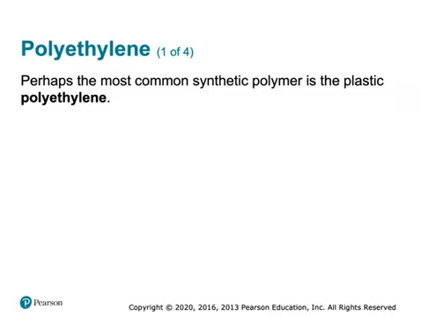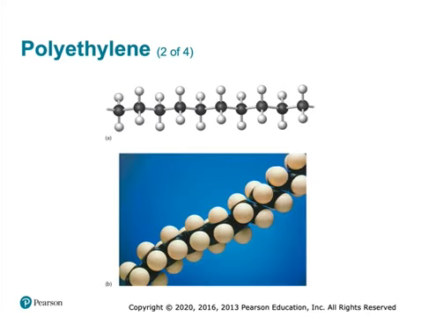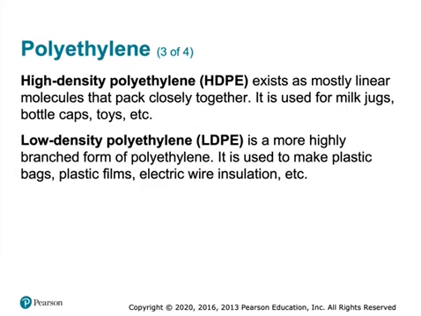So polyethylene, many ethylenes, and it is just a straight alkane. I didn't mention this in organic chemistry, but alkanes are sometimes referred to as paraffins. And paraffins tend to be very chemically unreactive. So polyethylene in general is very unreactive, and we use that much for food storage.